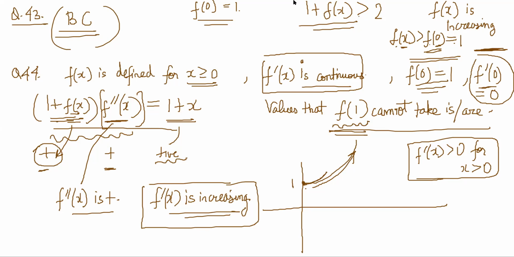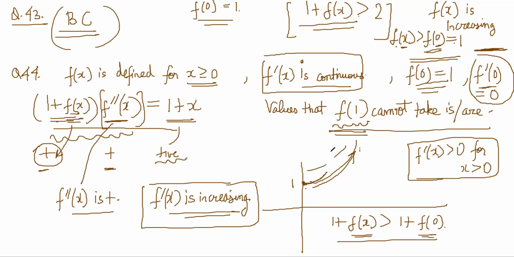Because the function is increasing right now upward, and f(0) value was 1. So 1 plus f(x) will always be greater than 1 plus f(0), because f(x) is greater than f(0) as the function is increasing. So that will be equal to 2. So now we have a relationship that 1 plus f(x) is greater than or equal to 2.